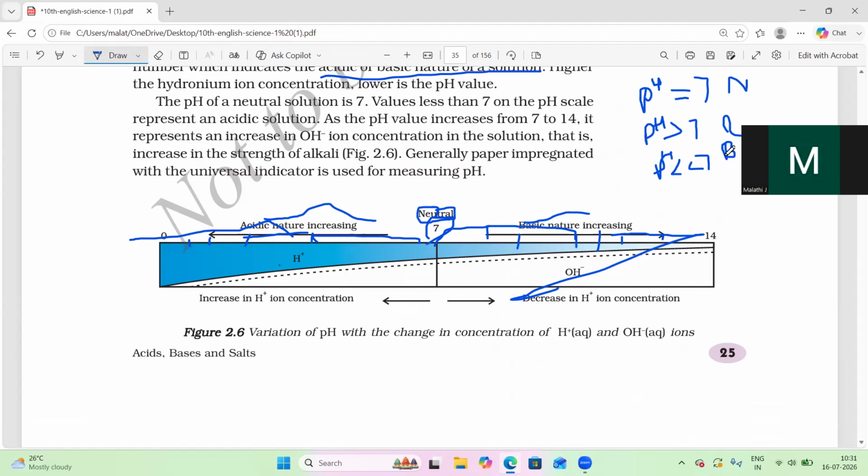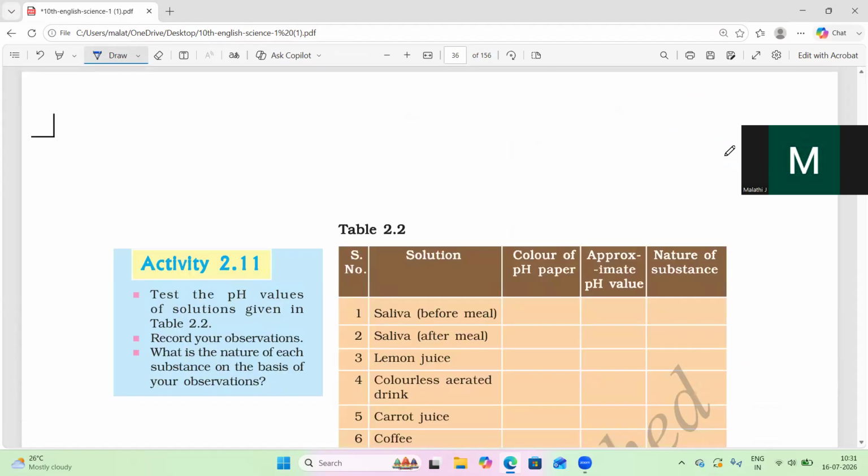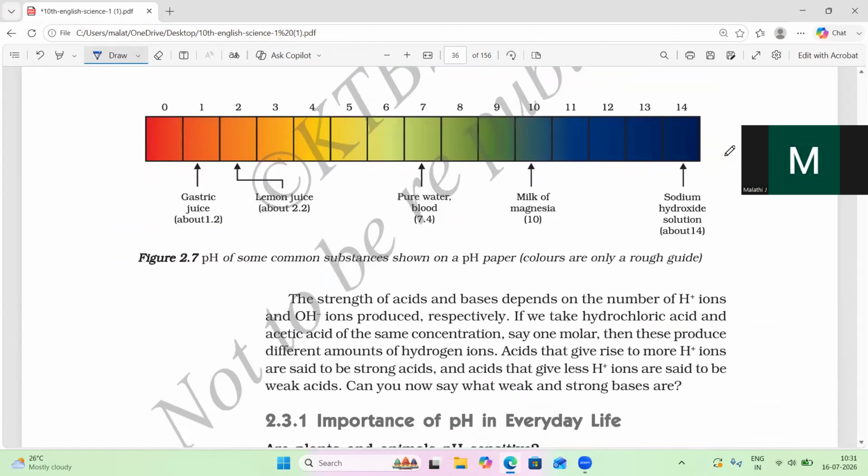If the pH value decreases more and more, what will happen? Then the solution is more acidic. That is an important question. One or two, three questions you may get from this pH scale. If you observe the 0 to 14 values, at 7 the color you get is a little green. Decreasing from there, you see gastric juices.